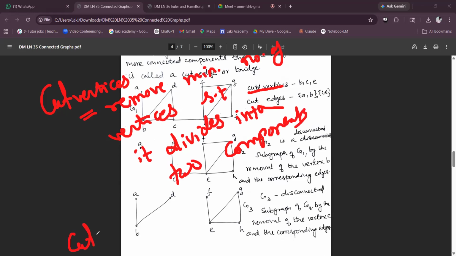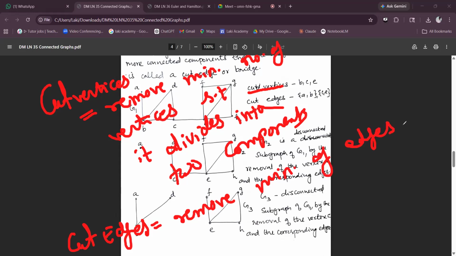And cut edges means removing the minimum number of edges such that it divides into two components. Understood?